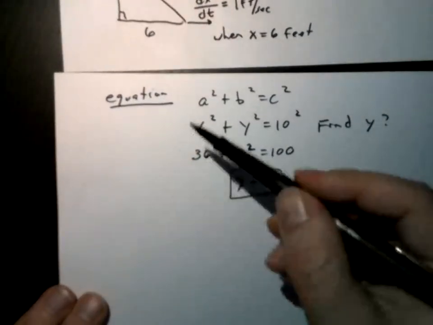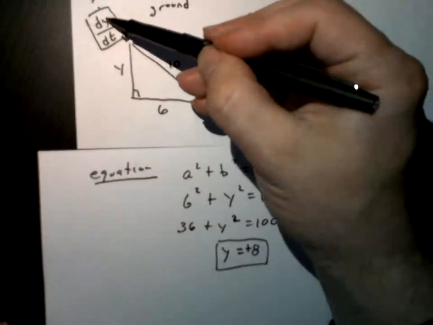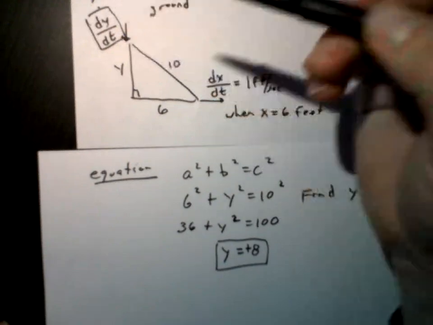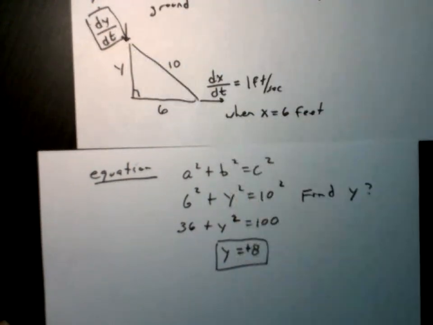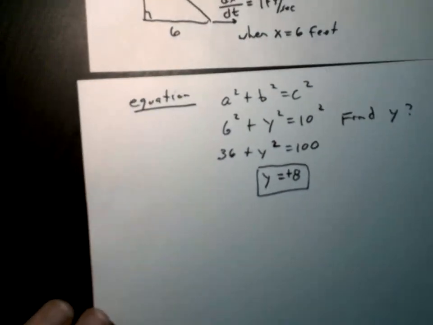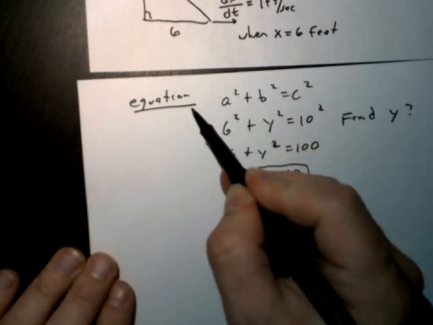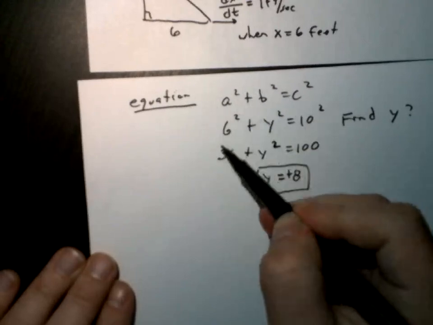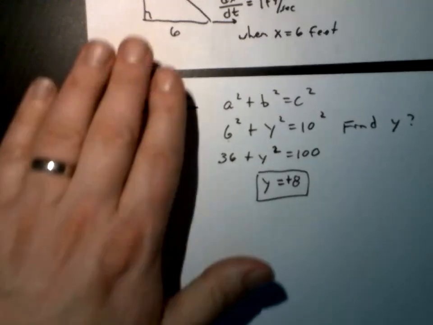All right, so here we go. Now we have the other side. But remember, we want to find the dy dt. We have what this value is, but we need to find the rate. So the next thing we've got to do is take this old equation without the 6 and take the derivative of that.